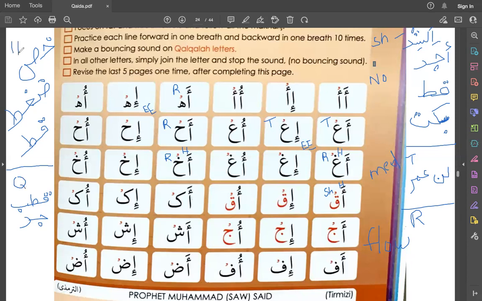Qalqalah is when you say the letter with shidda, closing the makhraj very tightly, and then you open your makhraj a little. This is called Qalqalah, an apart-ing, opening the makhraj to bring this sifa.